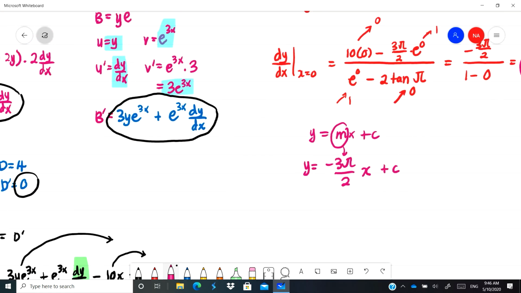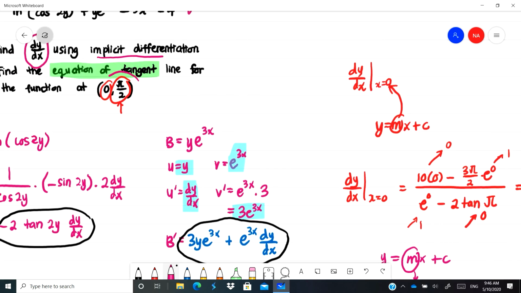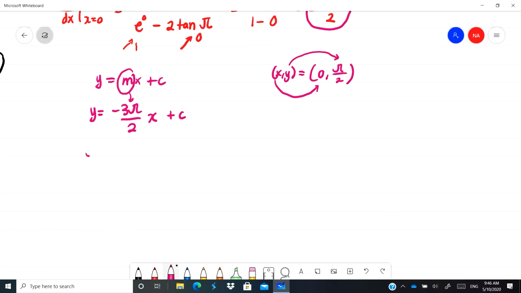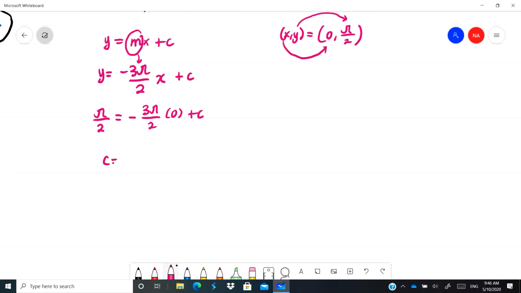We substitute the point (0, pi over 2), where the value of x is 0 and the value of y is pi over 2, so pi over 2 equals 0 plus c. In this case, we got c equal to pi over 2.